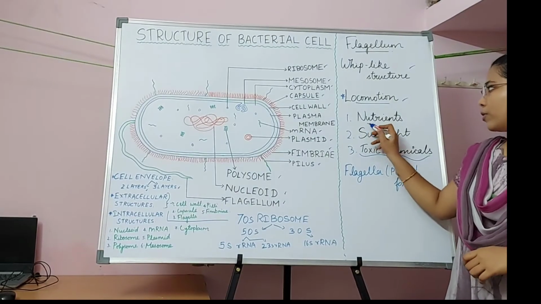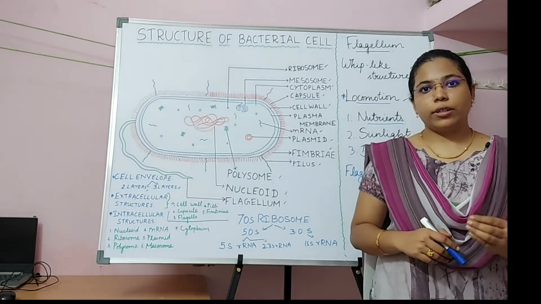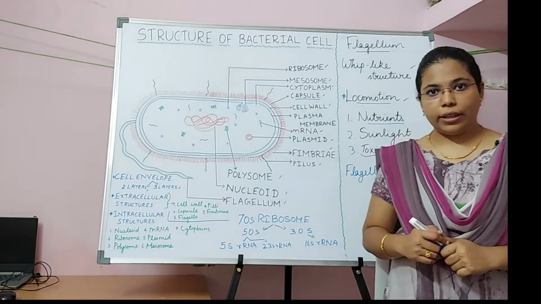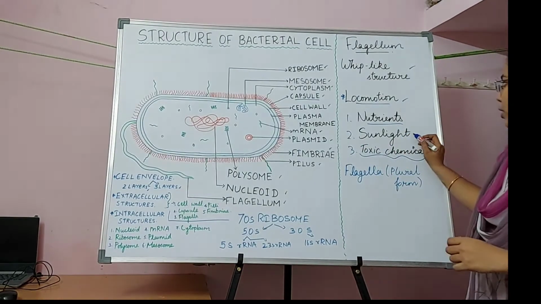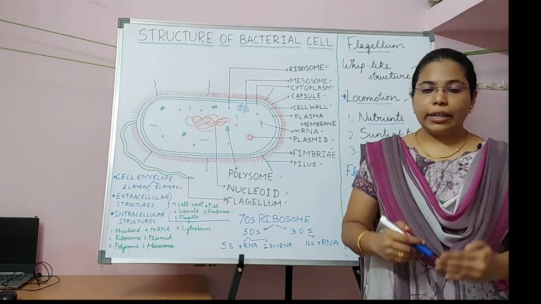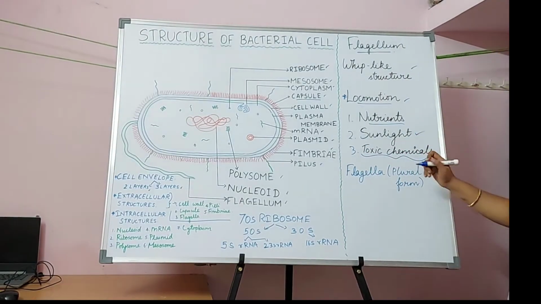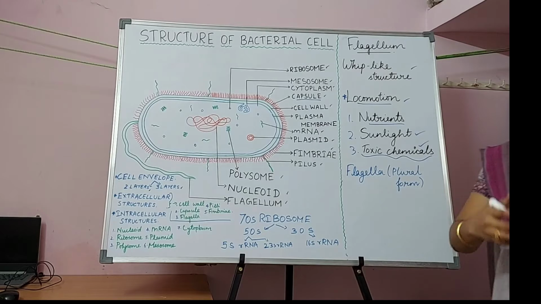Bacteria will move in search of nutrients. If the bacteria is a photosynthetic bacteria, example cyanobacteria, they will move towards the sunlight. And if the bacteria detects the presence of any harmful chemicals or toxins, they will move away from these toxic chemicals.